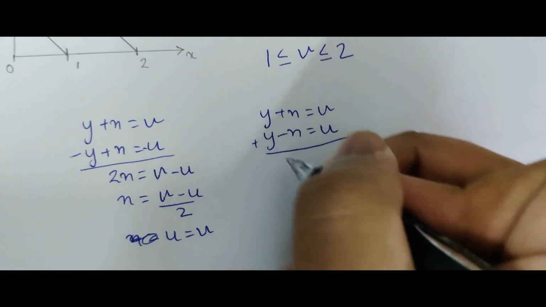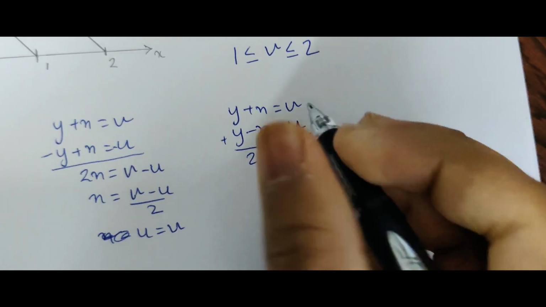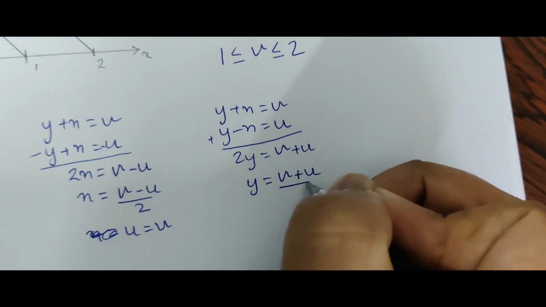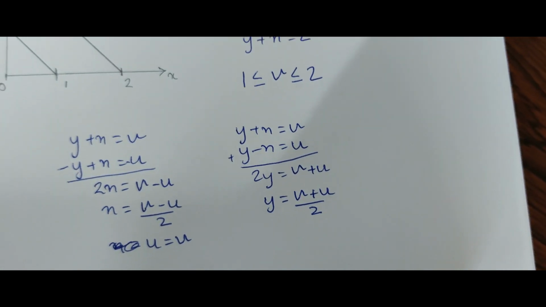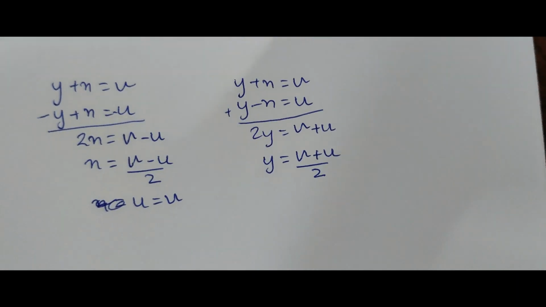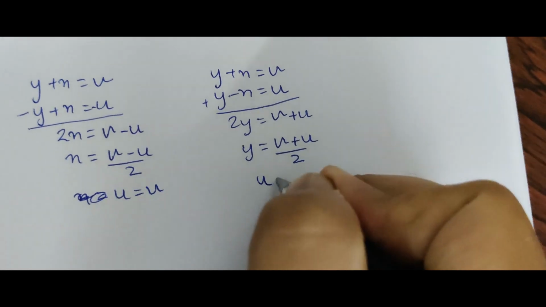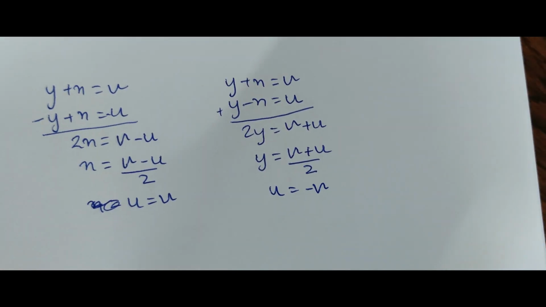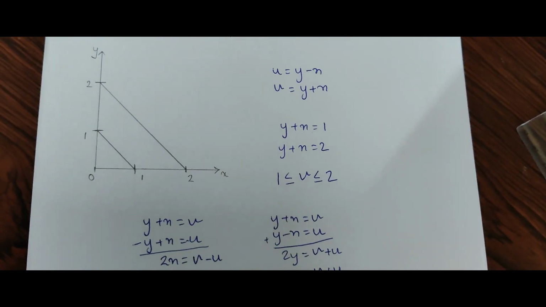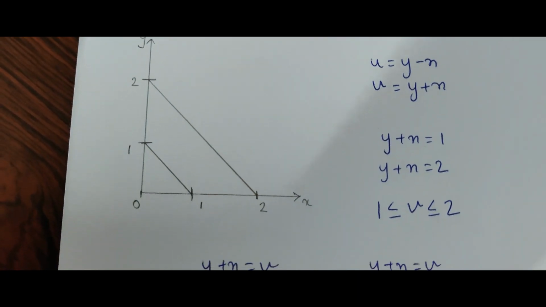We can straight away add these, so it becomes 2y equals v plus u, y equals (v plus u) by 2. And now when we consider y to be 0, we can see that u will be equal to minus v. To explain whatever we have gathered till now, we'll use the graph which I had made initially.